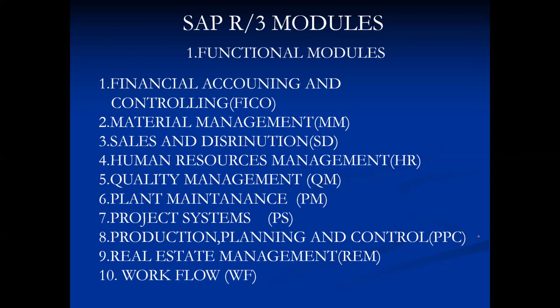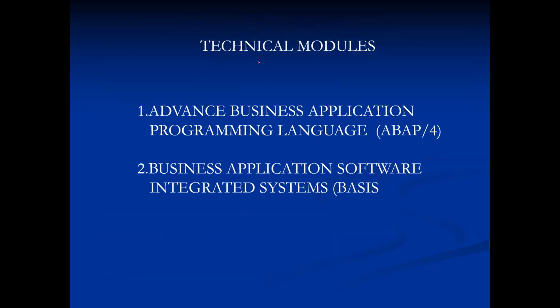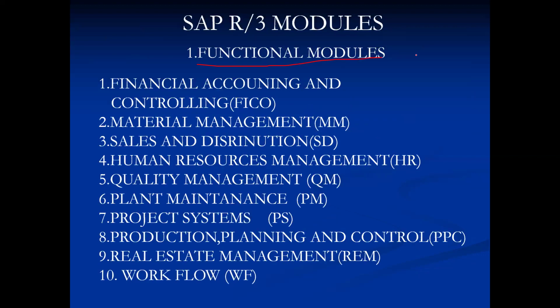In the SAP R3 product, basically, we have 2 types of modules: functional modules and technical modules. On the functional side, we have FICO, financial accounting and control; MM, materials management; SD, sales and distribution; HR, human resources management; QM, quality management; PM, plant maintenance; PS, project systems; PPC, production planning and control; REM, real estate management; workflow; then FSCM, financial supply chain management; treasury and risk management.